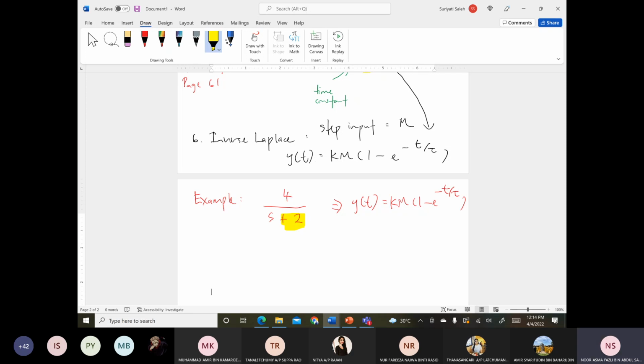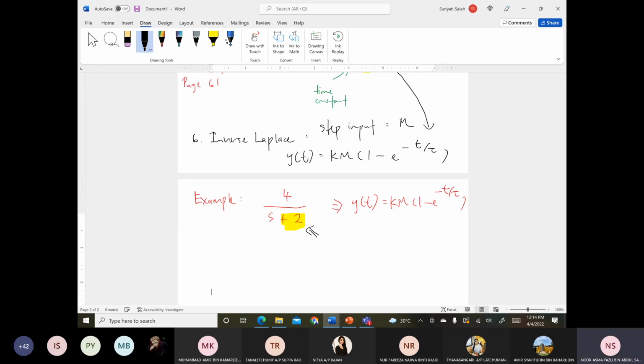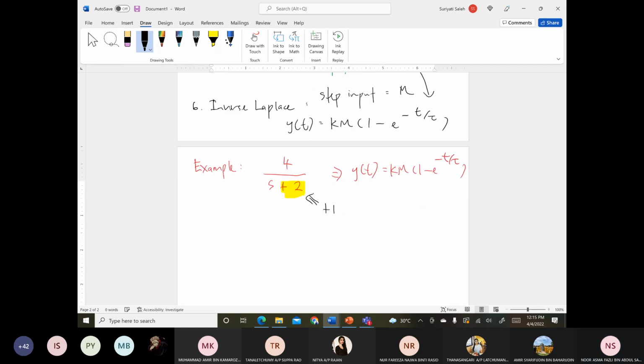So normally, when you have the plus 2 over here, you need to make sure it becomes plus 1. So this part must become plus 1. In order to do that, you can divide it: 4 over 2, s over 2 plus 2 over 2.